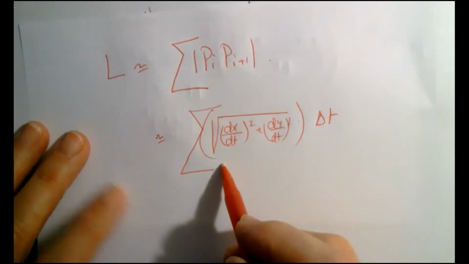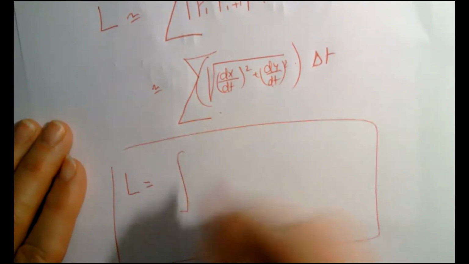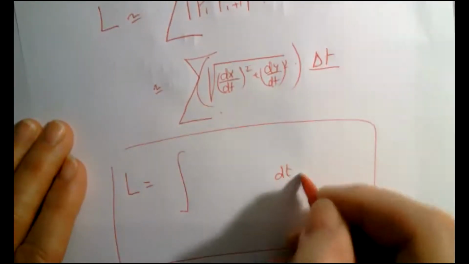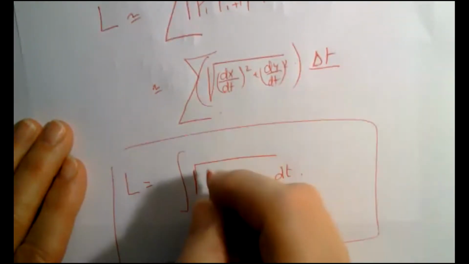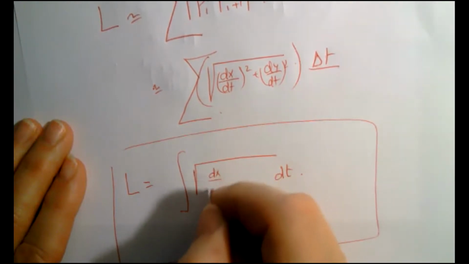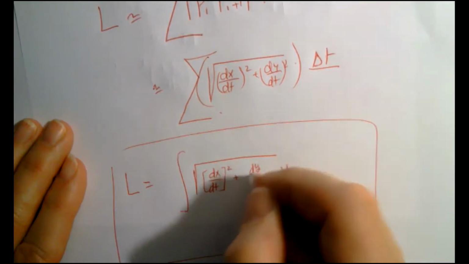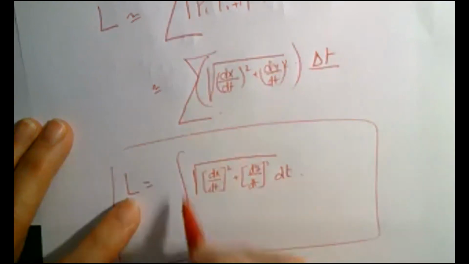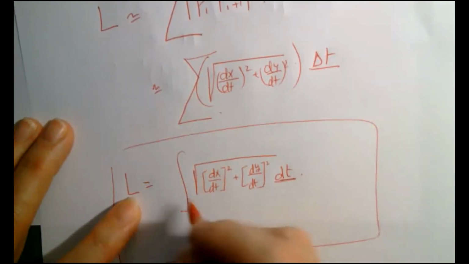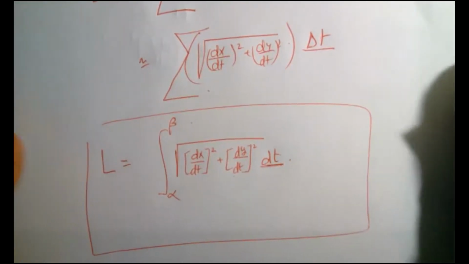This is going to give me a Riemann sum, and this will bring up the general formula. And the general formula will be: t is my variable. The inside will be the derivative of x with respect to t squared plus the derivative of y with respect to t squared, and the interval is the interval of t, alpha to beta. And that's how the formula will be obtained.